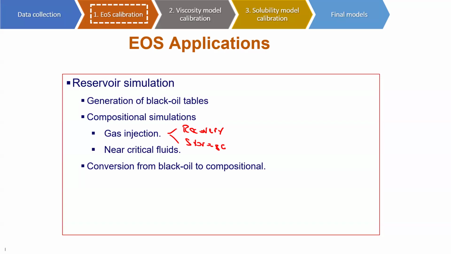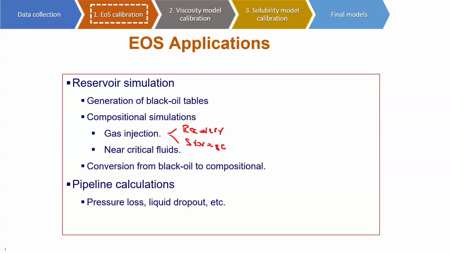If you have it, you can generate the equation of state for a compositional simulator, or a black oil table for a black oil simulation. So it's very easy to switch from one kind of model to another. This switching becomes very simple if you have an equation of state to model your fluid.